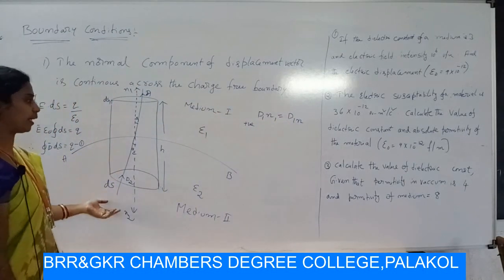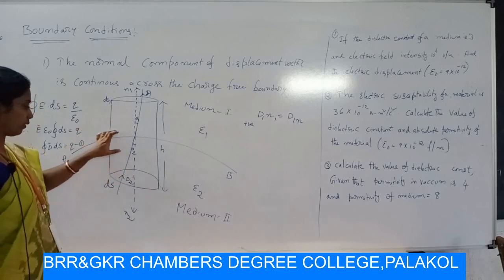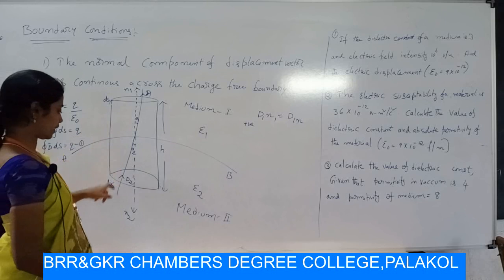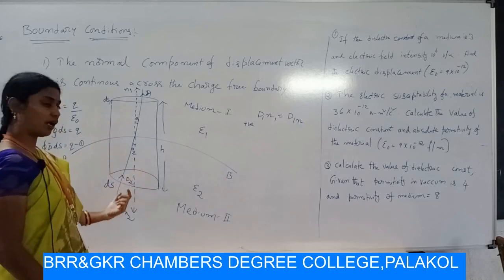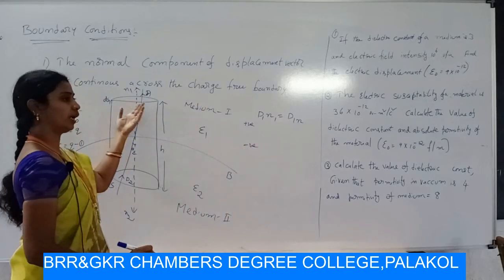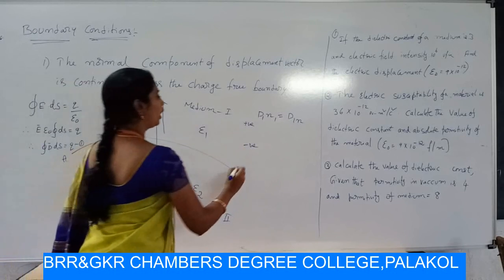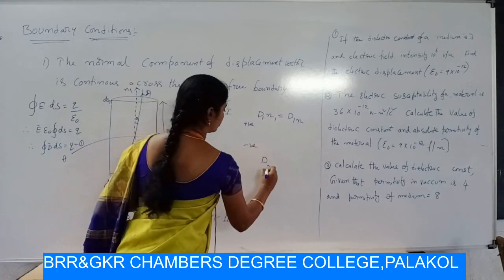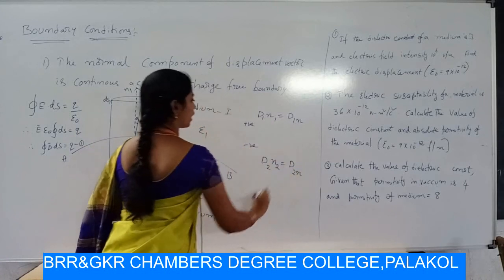For the second medium, the normal component of the displacement vector is entering the pillbox through the area dS, so it is negative. The flux always leaving the area is considered positive and entering the area is treated as negative. Then we write this value as D2n.